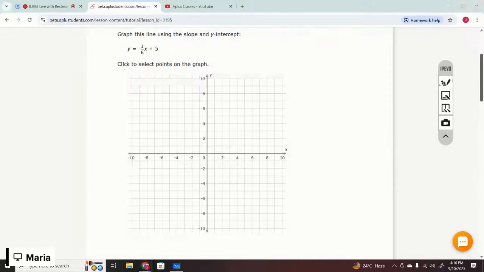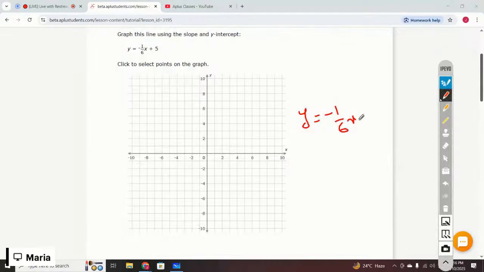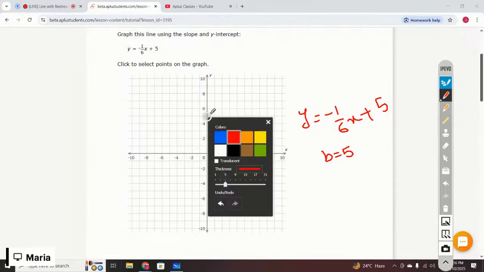So basically the equation is y equals negative 1 by 6x plus 5. So b equals 5. That is the y-intercept, right? Here x is 0 and y is 5.